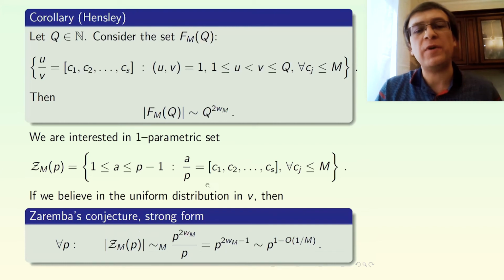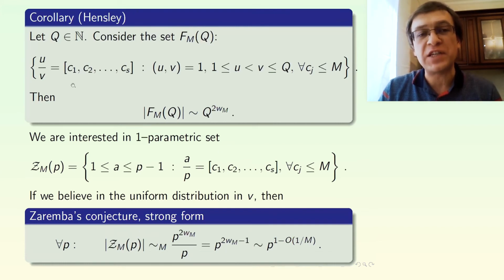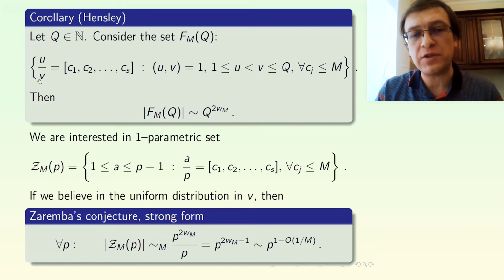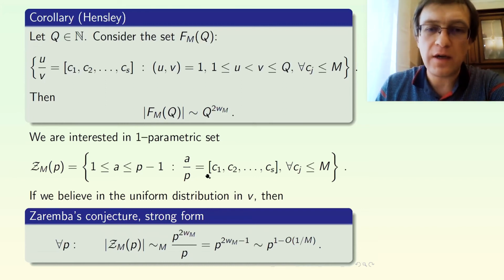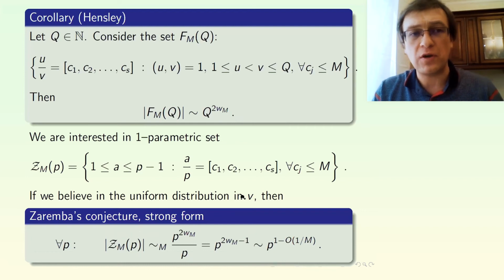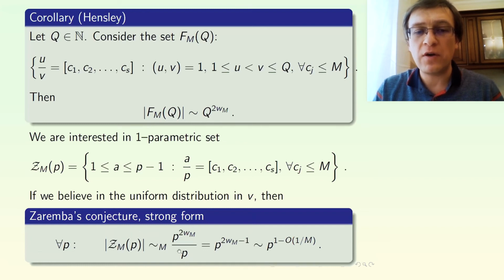Okay, so if you're interested in a one parametric set, so now we fix our denominator, u, v, pardon, then if we believe in the uniform distribution over the denominators, then we must divide this bound by the number of denominators.